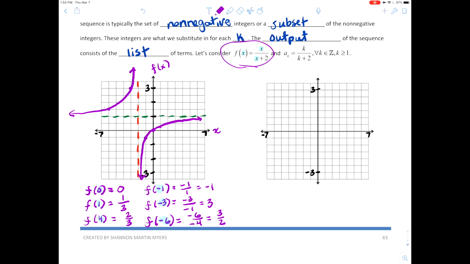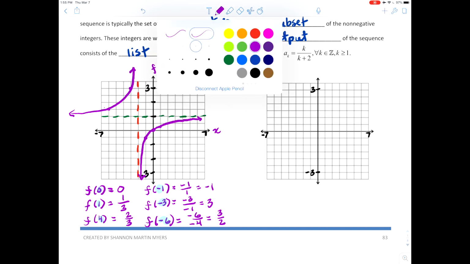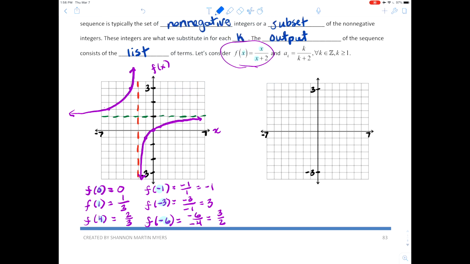So with our sequence, what we're going to do is this. Now our input is k, not x, it's k. And our output is a sub k. Cool so far? All right, so we have a sub k is equal to k over k plus 2.